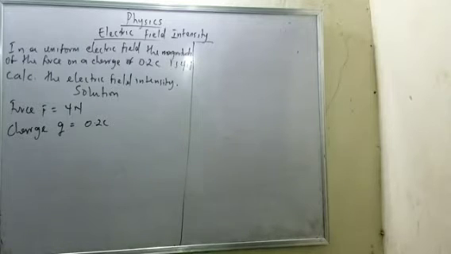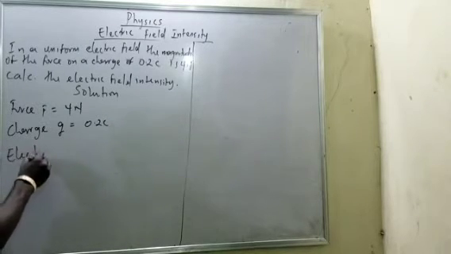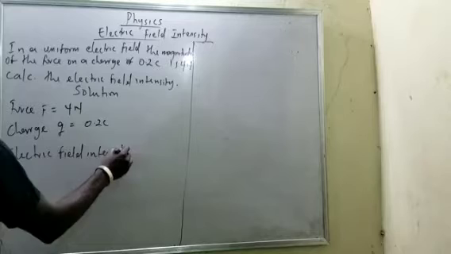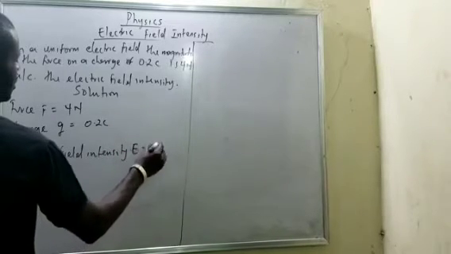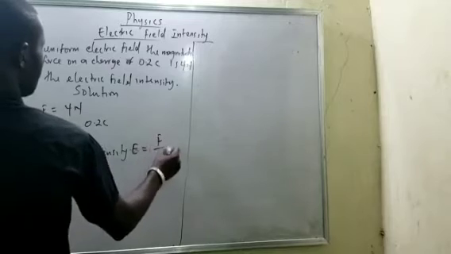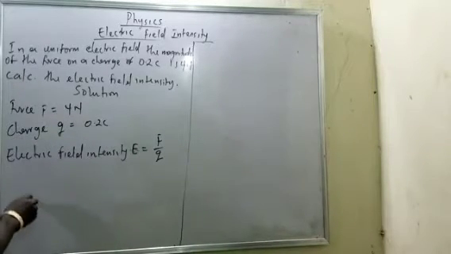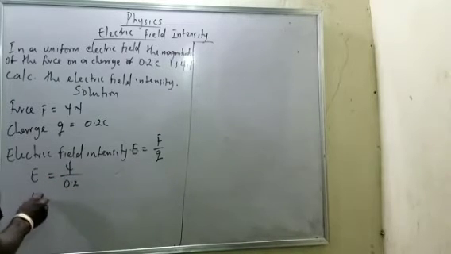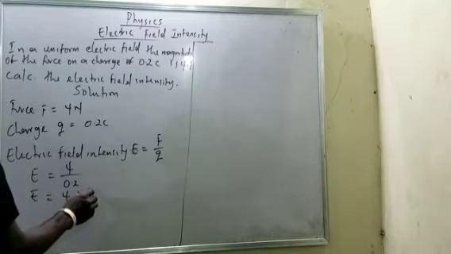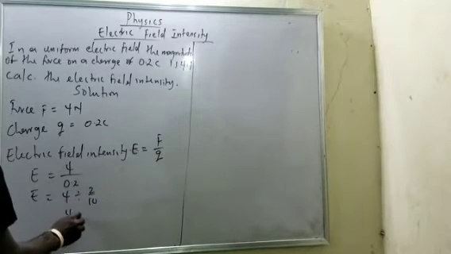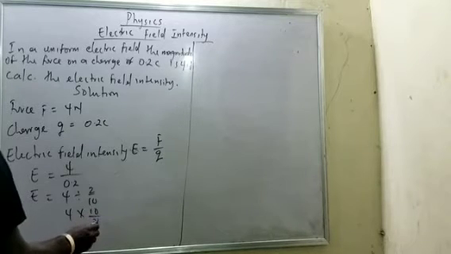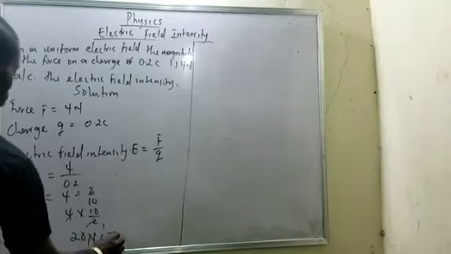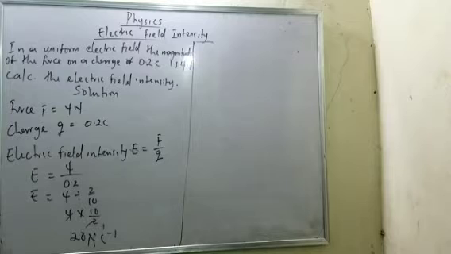And I've told you earlier that my electric field intensity, which is E, equals F all over Q. Now, it means I don't need to stress myself. It will be force, which is 4 Newton, over 0.2, which is 4 divided by 2 all over 10, so I have 4 multiplied by 10 all over 2, which is 20. I'll be having 20 Newton per coulomb. That is my answer.